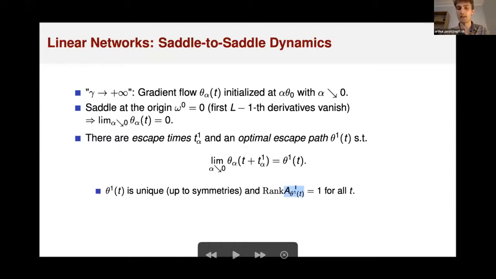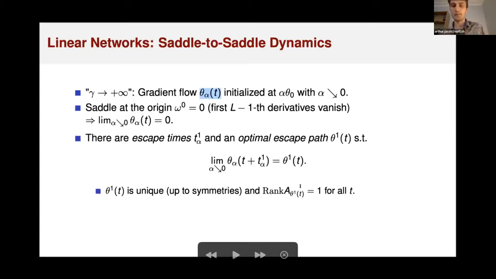And so it implies that the rank of the matrix represented by the parameters at any time on this optimal escape path is always 1 for all time t. What this implies is that the gradient flow, which was initialized close to the saddle, is going to follow this optimal escape path. It's not going to be exactly on the optimal escape path, but very close to it for finite but very small alphas.